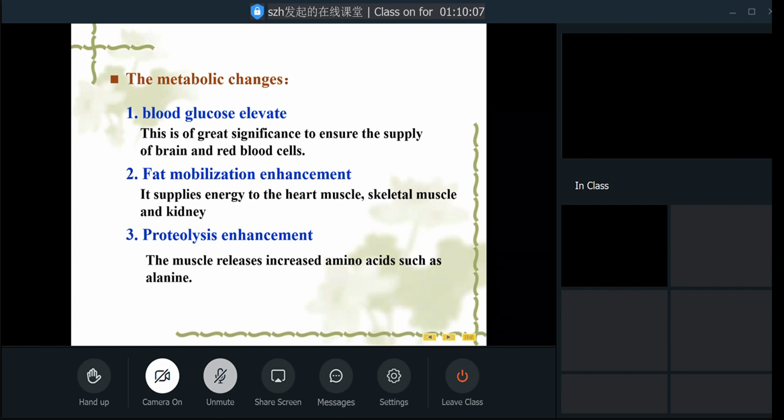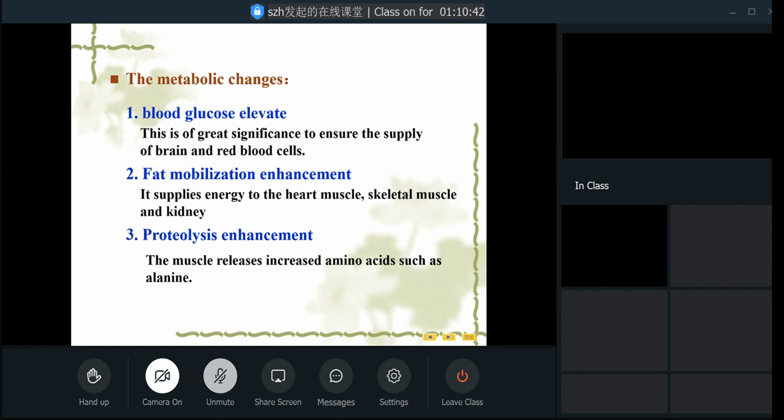Under such conditions, the metabolic change, you can see the blood glucose elevates, fat mobilization is further enhanced, and proteolysis is enhanced.